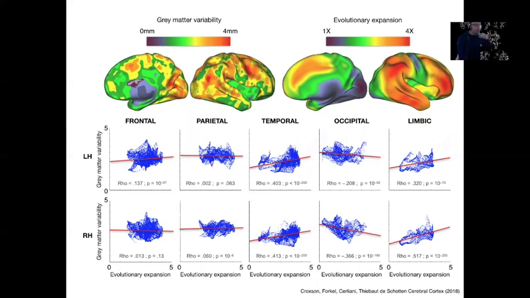And this correlation suggests really that you have a significant relationship between evolutionary expansion and variability.